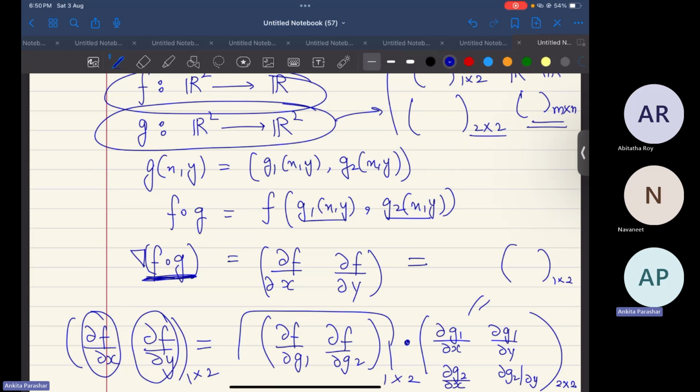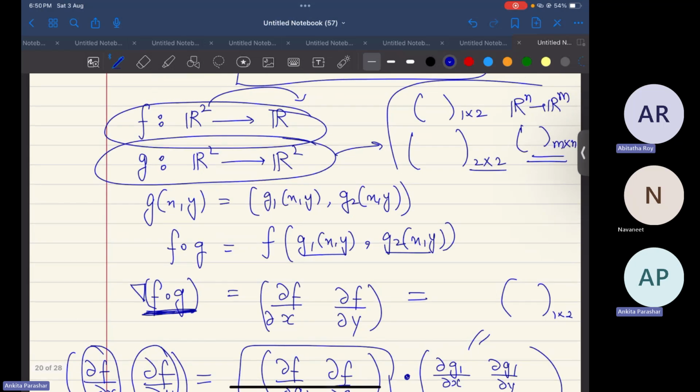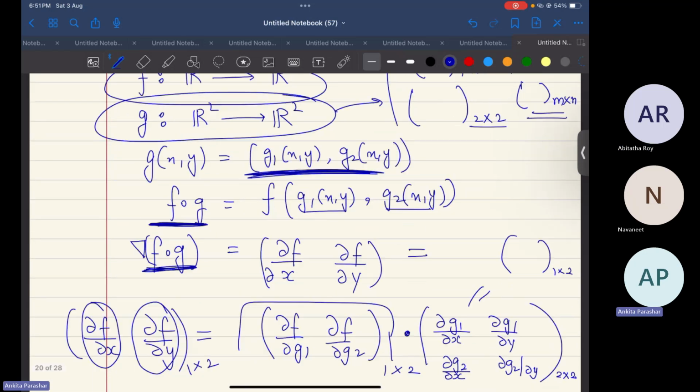I think this has been done in the class very nicely. I may not be able to explain it in a nice way, but the idea is that if you are composing f with g, as many components as g has, g1, g2, that many times the first vector will come with the partial derivatives. Since the function has g1, g2, two parameters, the derivative will have only two components.